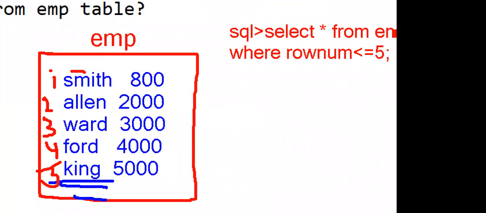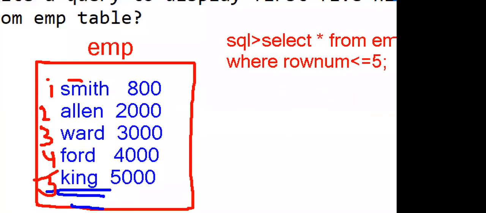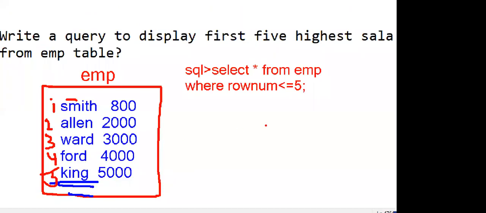But unfortunately, for the first 5 highest salaries, row num doesn't know, so your server doesn't know which one is the highest salary and which one is the lowest. But you are a developer, I am a developer, so you use a technique. What is that? First identify the highest salary employee and rearrange it.